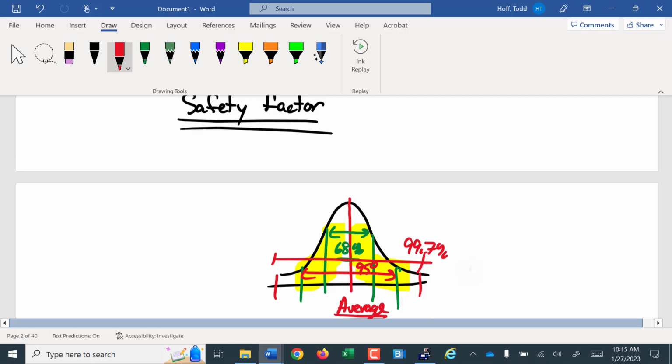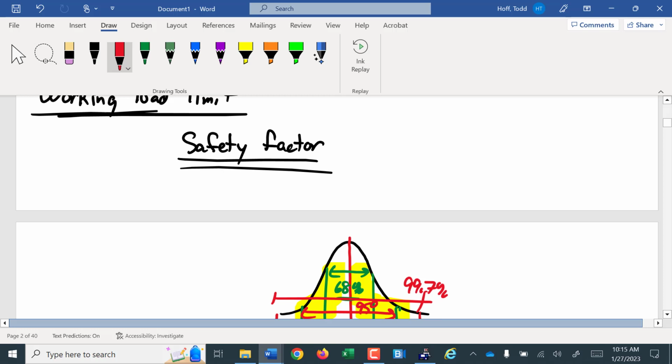So it seems excessive, but now we're getting back to the part that's actually part of your course. Most of our safety factors are usually between 4 and 6.